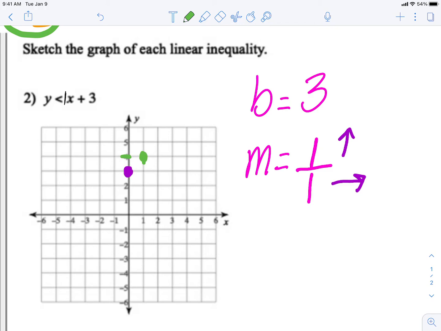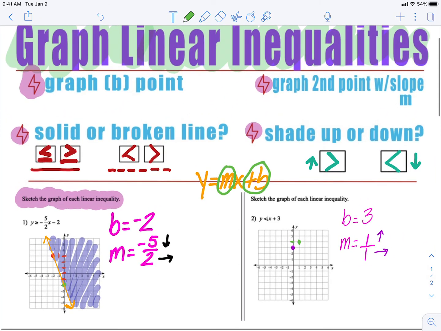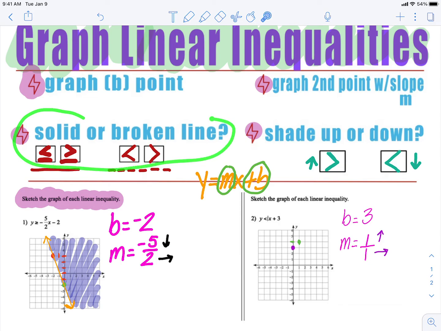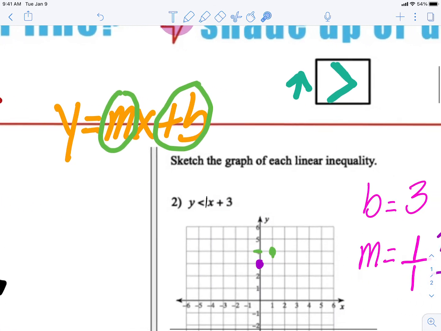Right? Now, so I did my graph my B point, graph my second point using the slope. Next, I'm going to figure out whether it's a solid or a broken line. So it's a solid line if it's got equal to the inequality, and it's a broken line if there is no equal to. So let's see here.